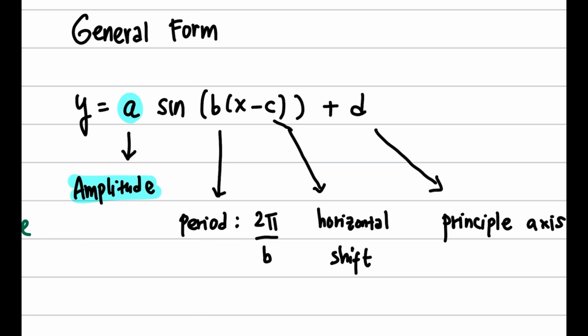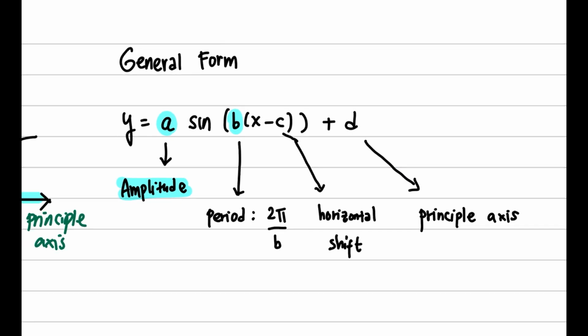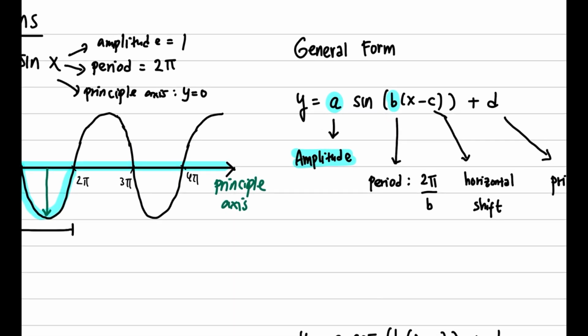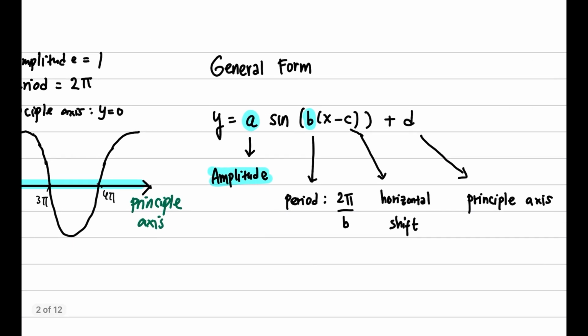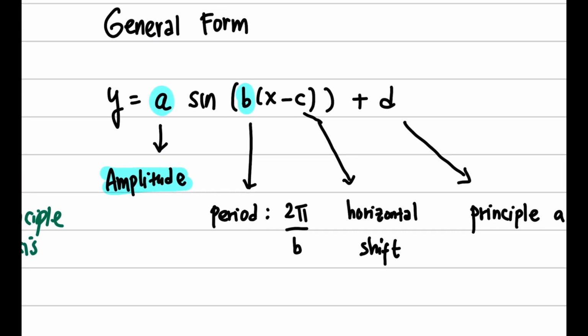The second one is b. B is the one that controls your period, because this is like the horizontal stretch. To find the period, you just need to divide 2 pi over b. This is the formula of the period.